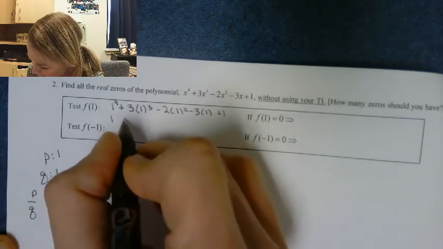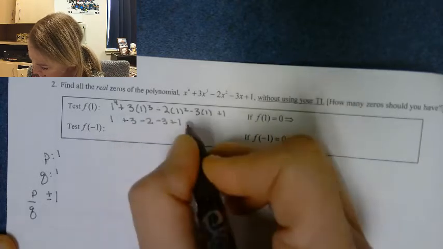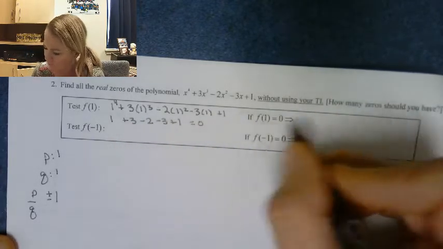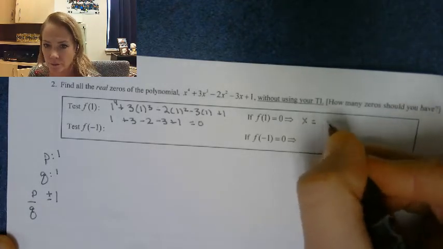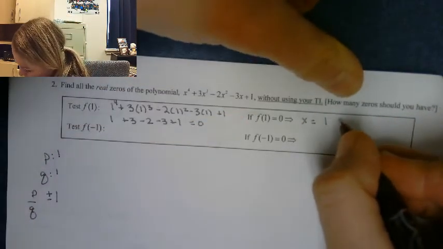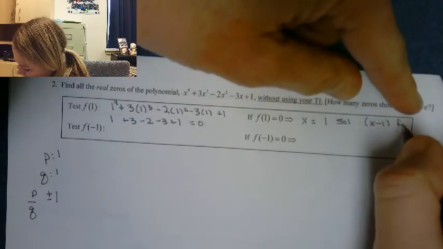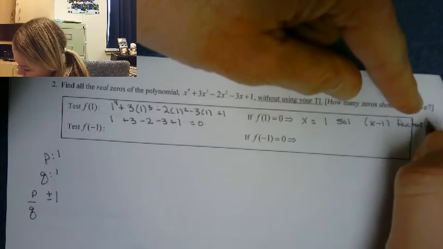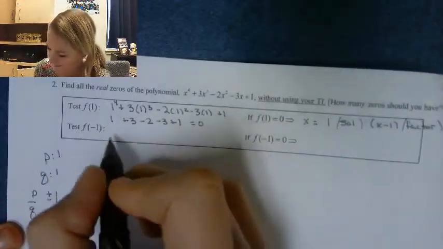So that's 1 plus 3 minus 2 minus 3 plus 1, which indeed is 0. So if f of 1 is equal to 0, then x equal to 1 is a solution, and x minus 1 is a factor. Okay? Solution, factor.